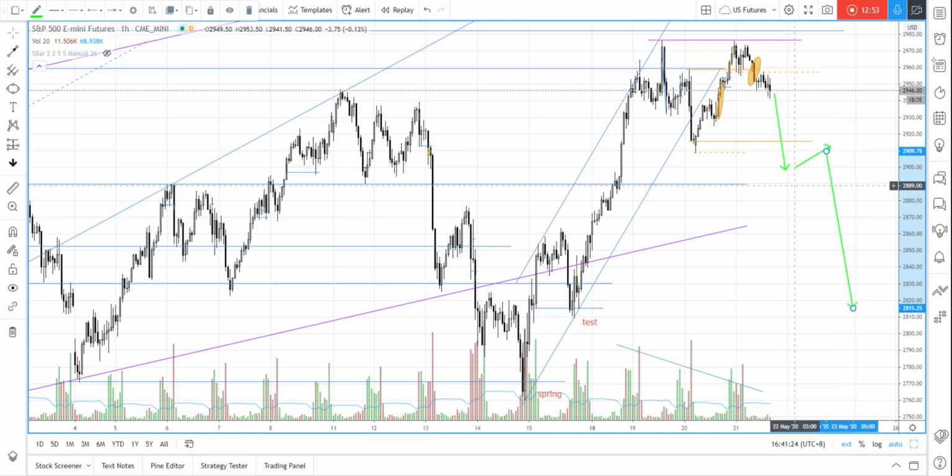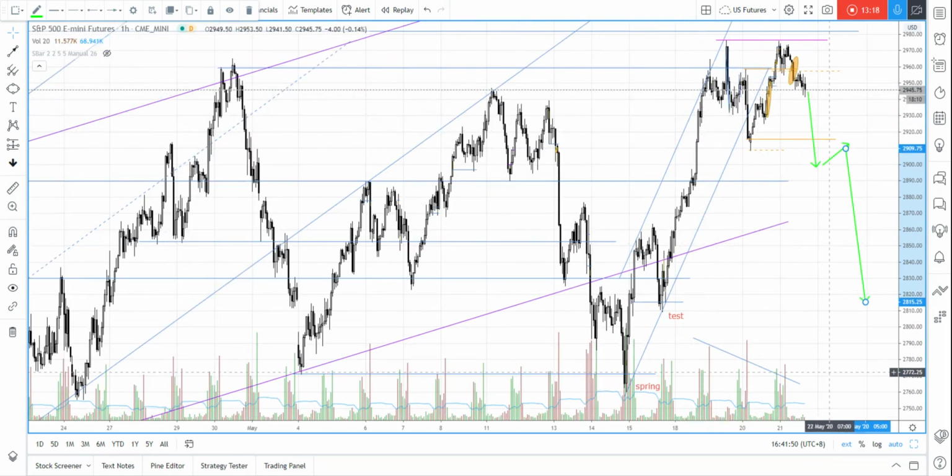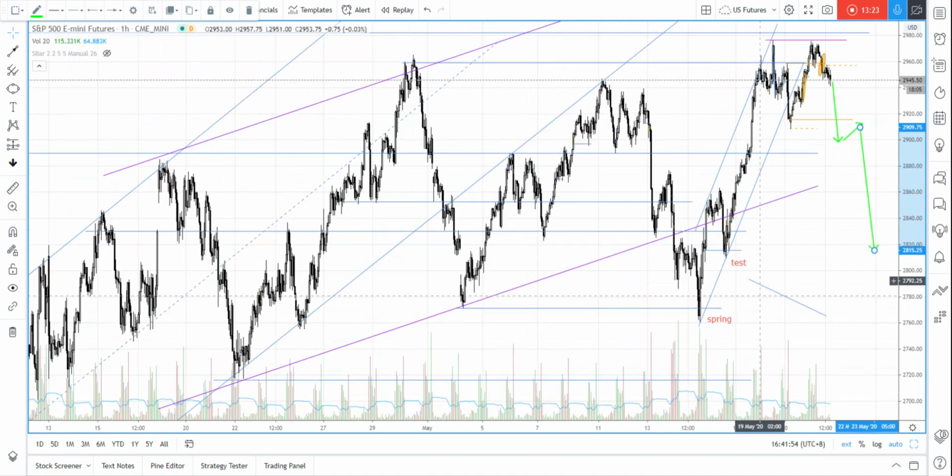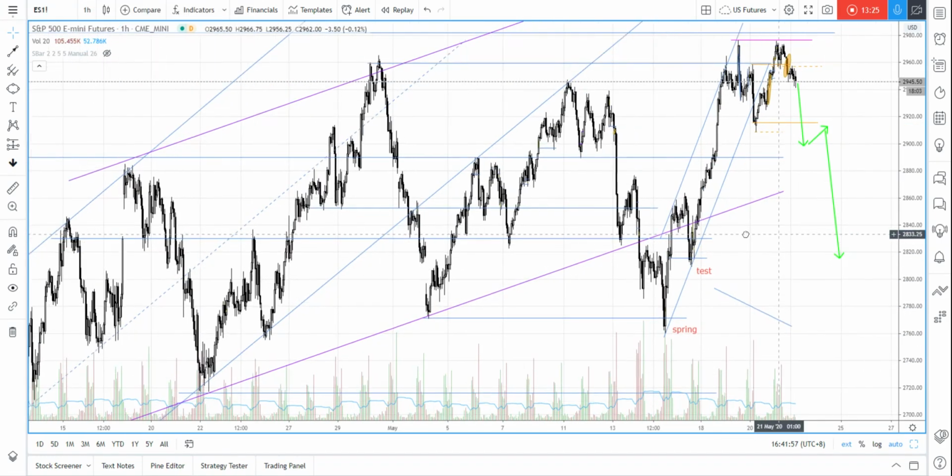Of course, we have further support at 2880 or 2890. So basically, what I want to see is some kind of support. Definitely, the best case is from the swing low here at 2910, if not around 2890. So anything beyond that, then I will probably consider another downswing to maybe test the swing low 2780, 2770. So pretty much that's my bias.